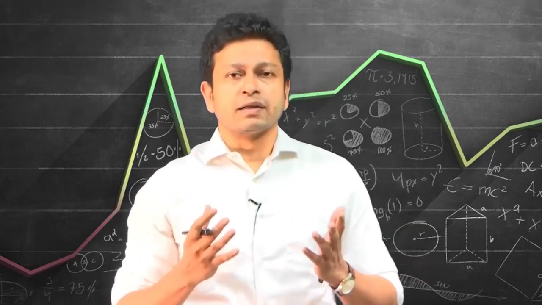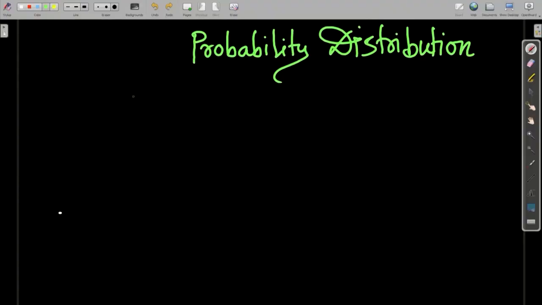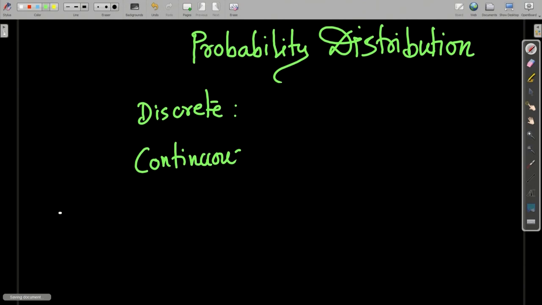Now there are two types of random variable, one is continuous, another is discrete. So let me write it down: discrete and continuous. So think about one example of a discrete random variable and another example of a continuous random variable. We have already spoken about it.